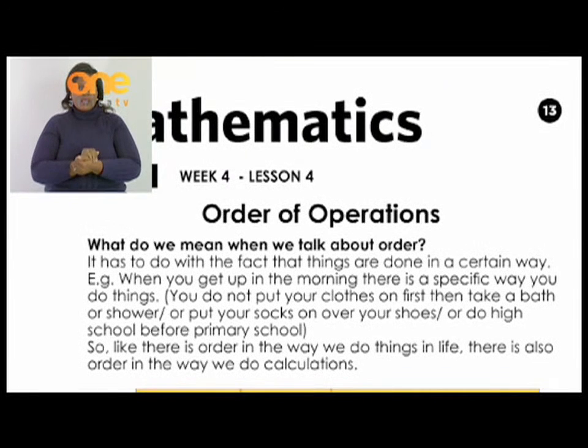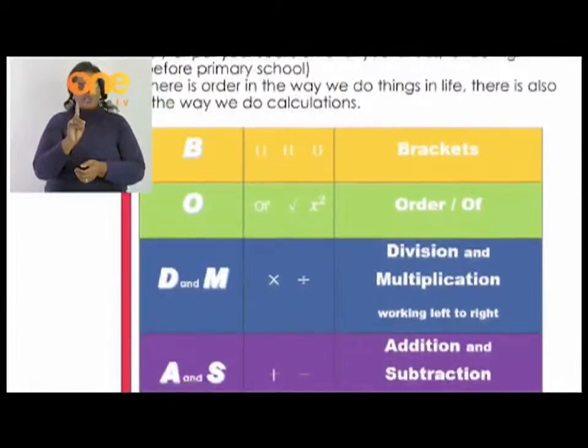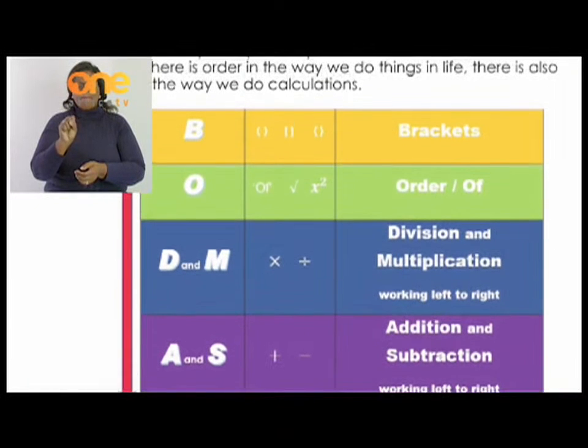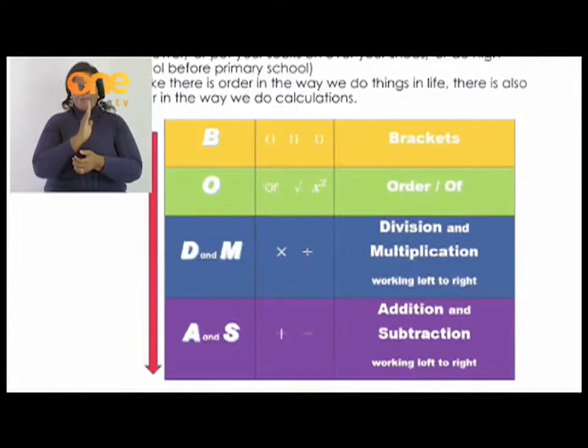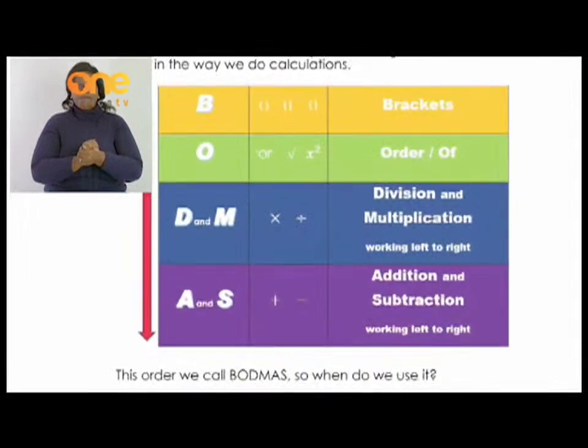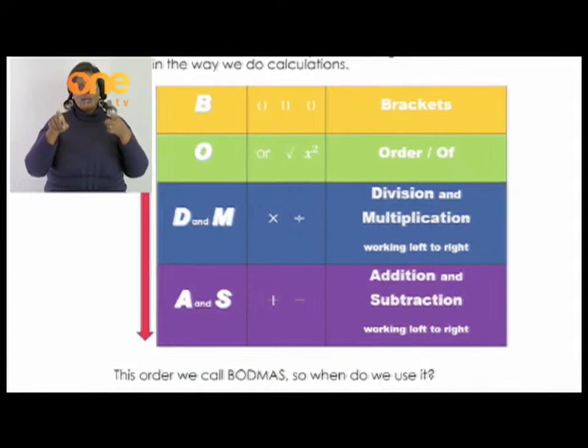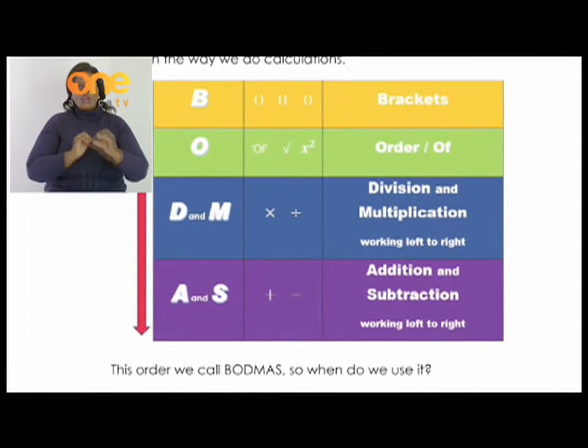Now, the order of calculations or the order of operations is called BODMAS. BODMAS is abbreviated for the following. The B in BODMAS is for brackets. The O is for order or of.